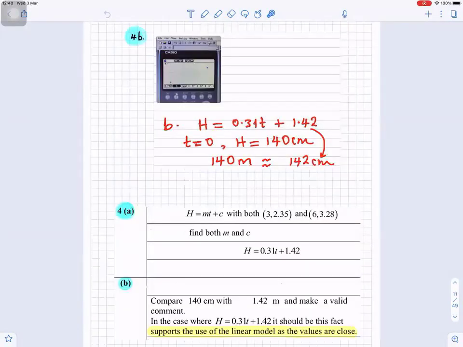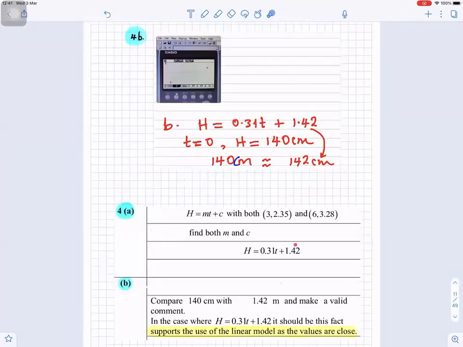Question 4b. When we use the same, the h is 0.31t plus 1.42. When t is equal to 0, we got h to be 1.42, and h is 140 centimeters. So 140 centimeters is similar to 142 centimeters, approximately 142 centimeters.